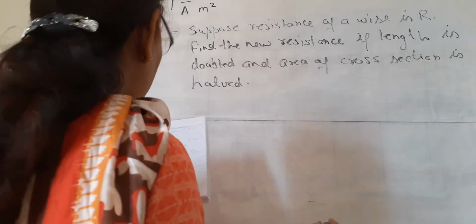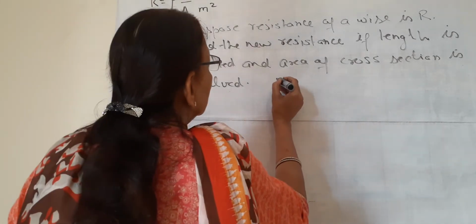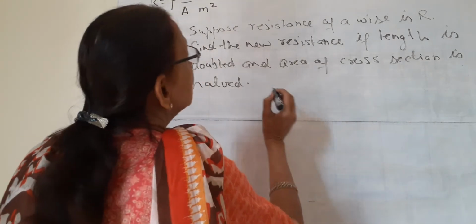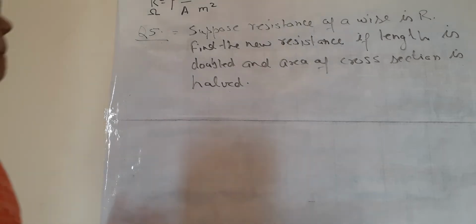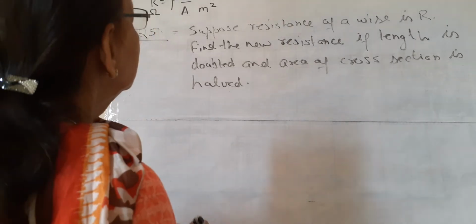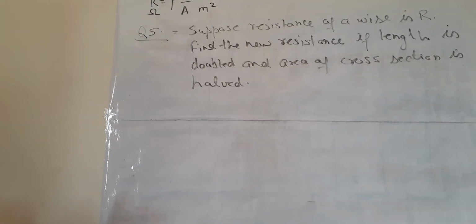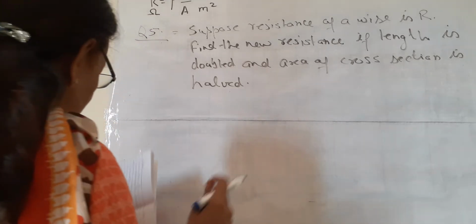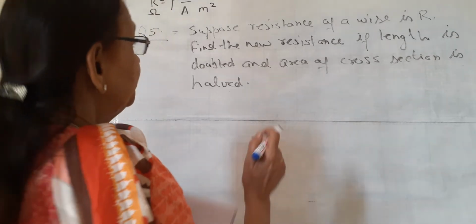So how will we do this? Suppose resistance of a wire is R. Find the new resistance if length is doubled and area of cross section is halved. How will we do this? Again, we assume R1 and R2.